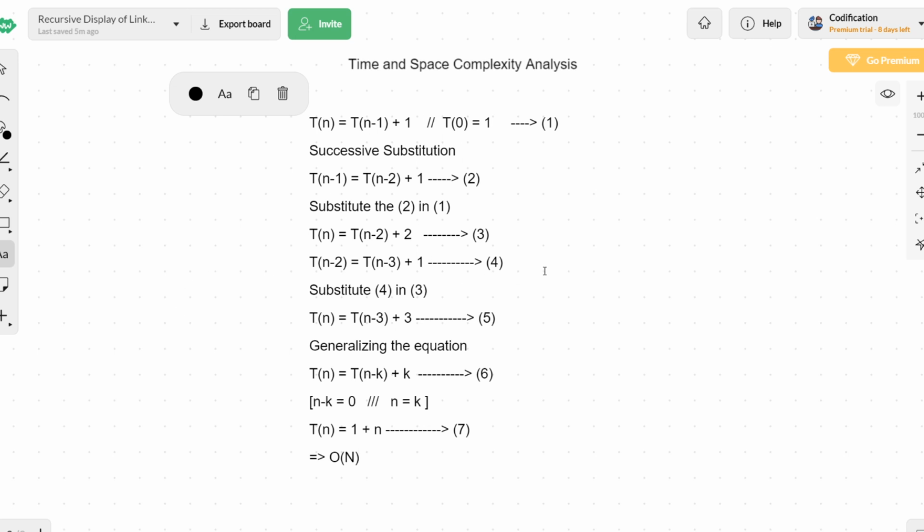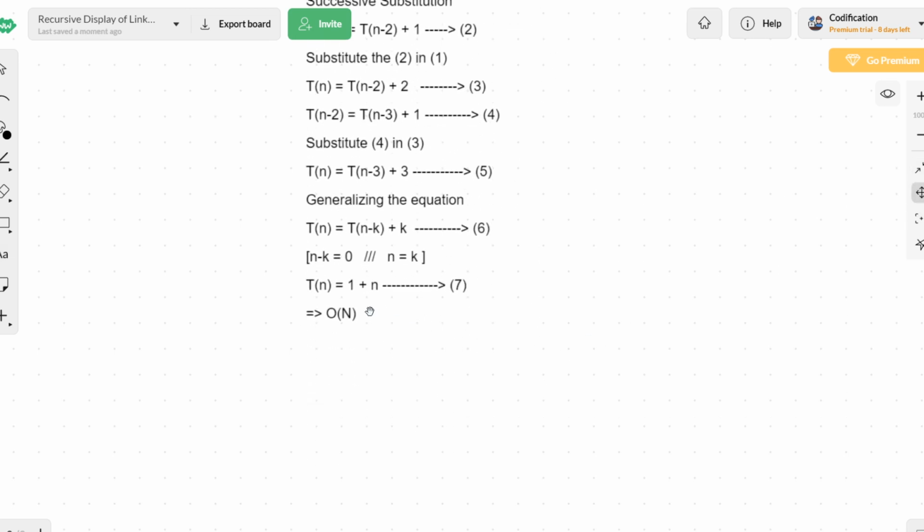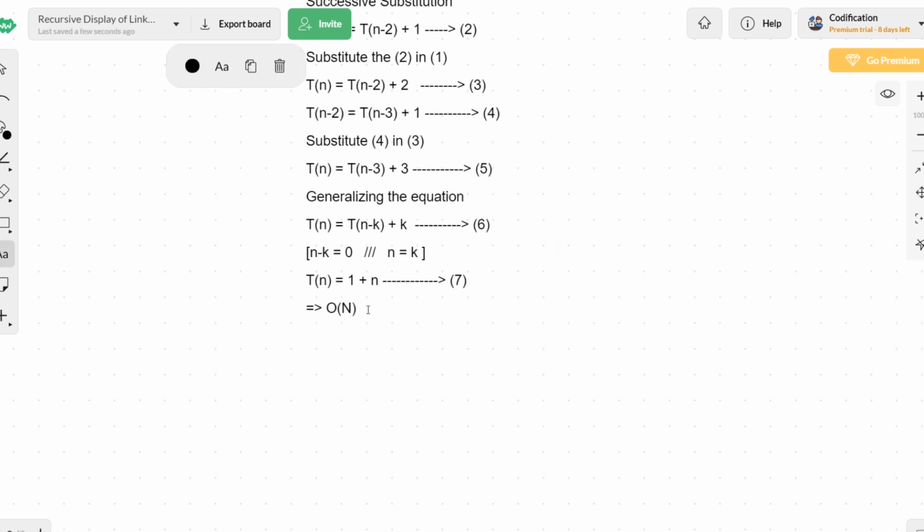Now we will write the time complexity of the iterative approach. The iterative solution, as we already found, is order of n, a linear time solution.